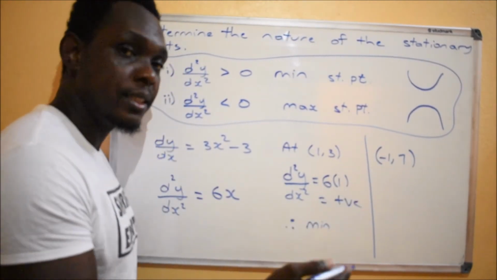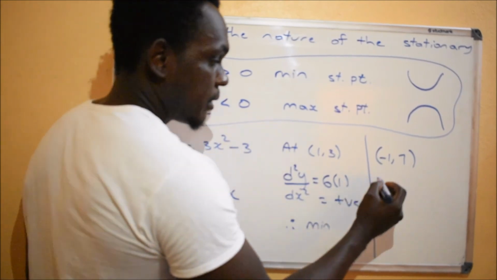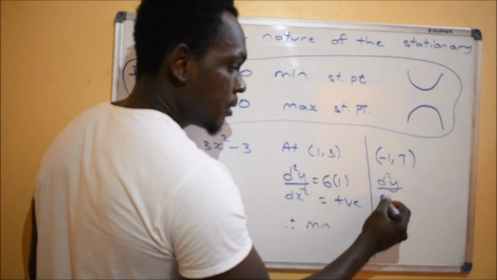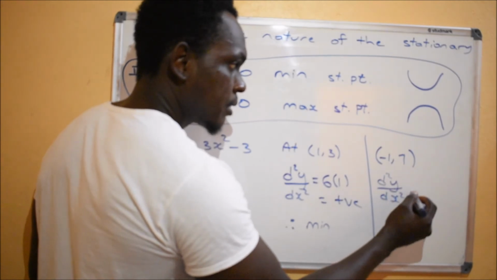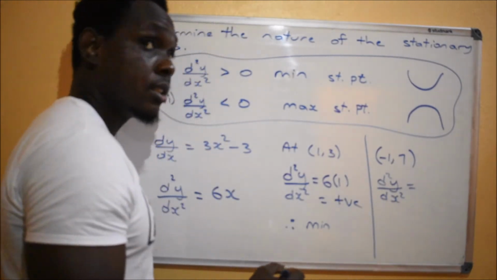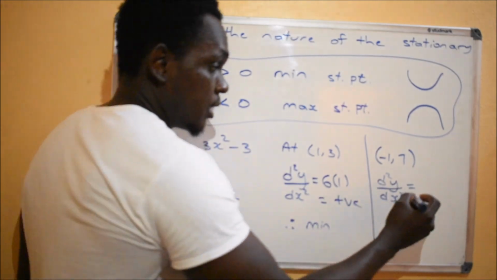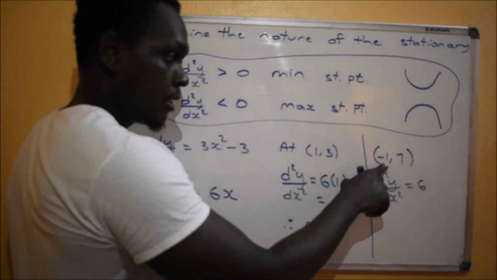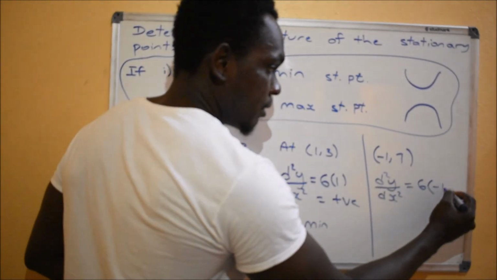At (-1, 7), we do the same thing. The second derivative, d squared y over dx squared, is equal to 6 times the x coordinate. In this case, it is negative 1.